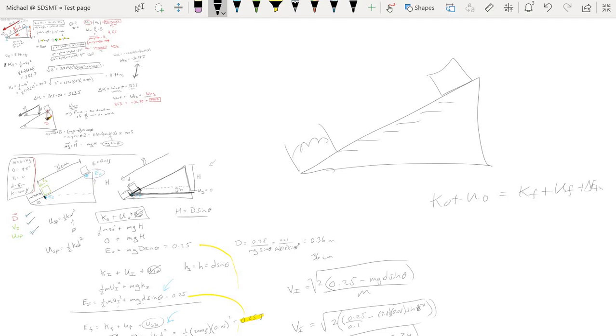The one thing that we have to keep in mind now is that there are two different kinds of potential energy that we have to consider in our problems. We have potential energy due to gravity, we have potential energy due to springs. And each of them require knowledge of where the 0 point is.